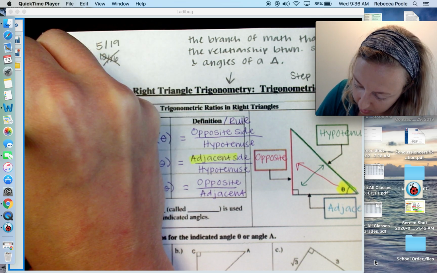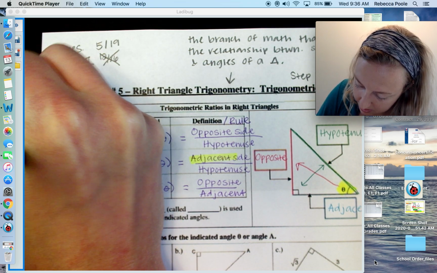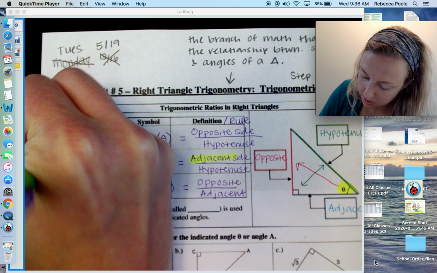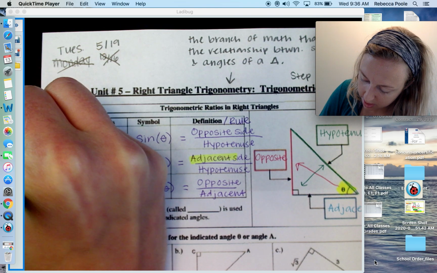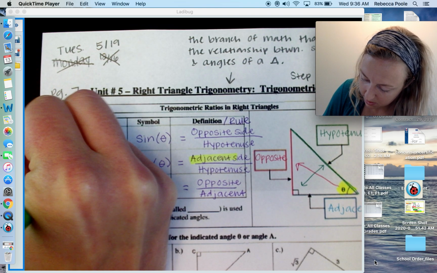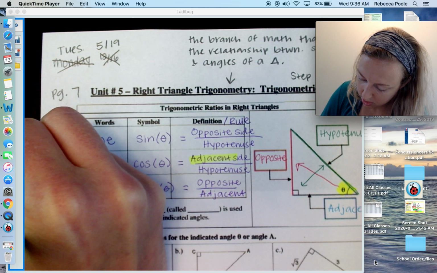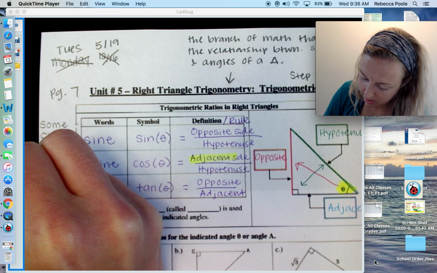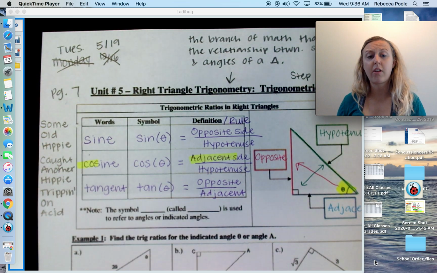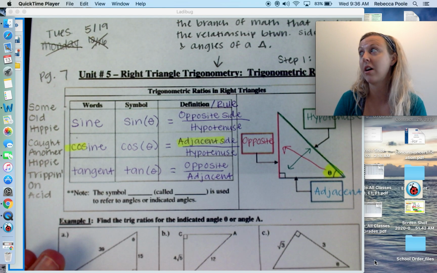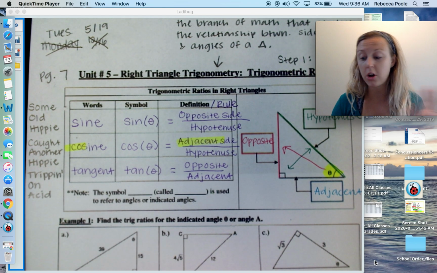Some old hippie caught another hippie tripping on acid. And you're like, what in the world, Miss Poole? I did not come up with that. I wish I had, because it's very clever and it helps children everywhere, all over the world.